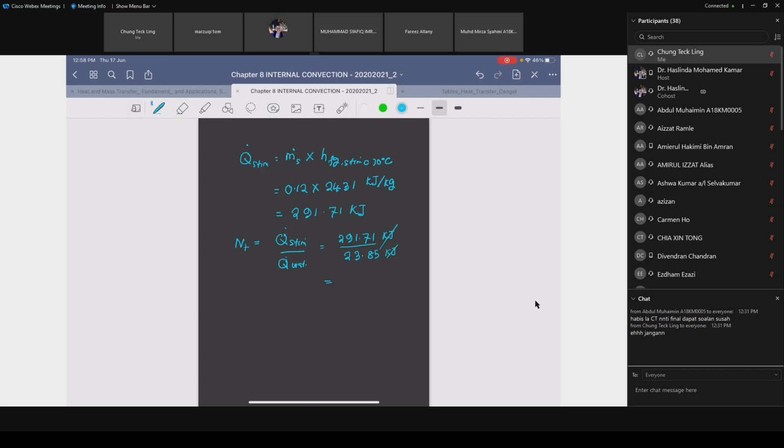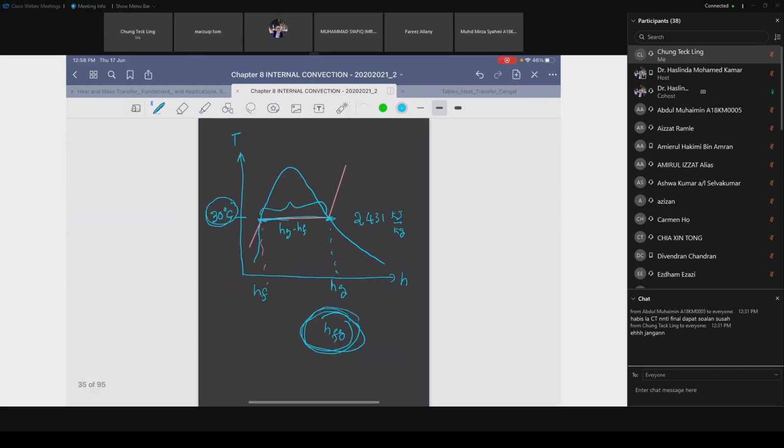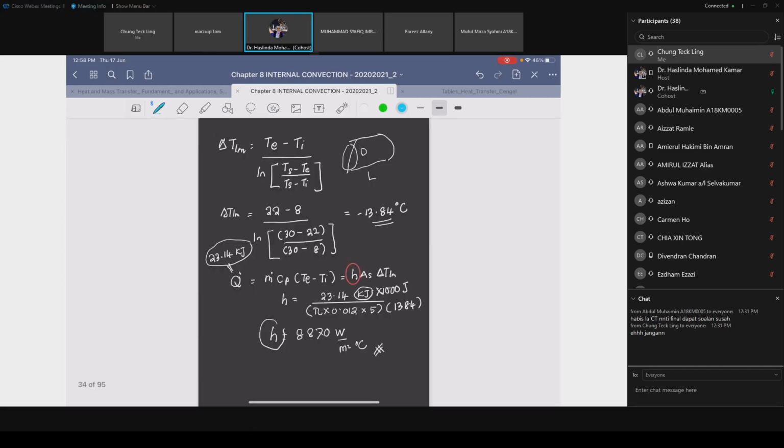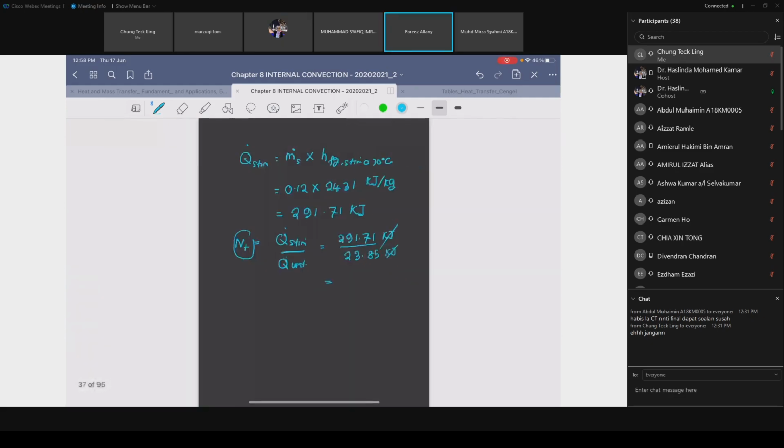So what is the answer? N has no unit because it's the number of tubes. Berapa dapat? 23.14, okay, thank you. N is 12.6.